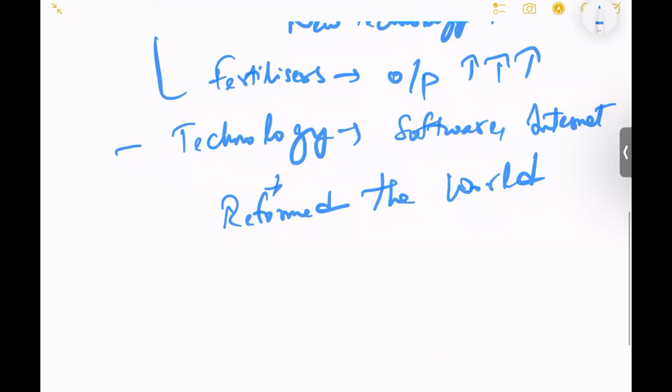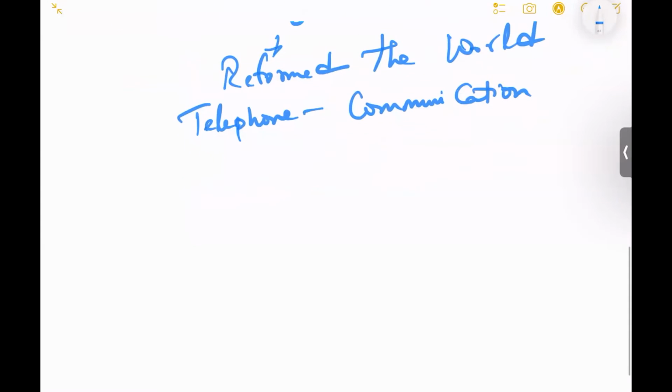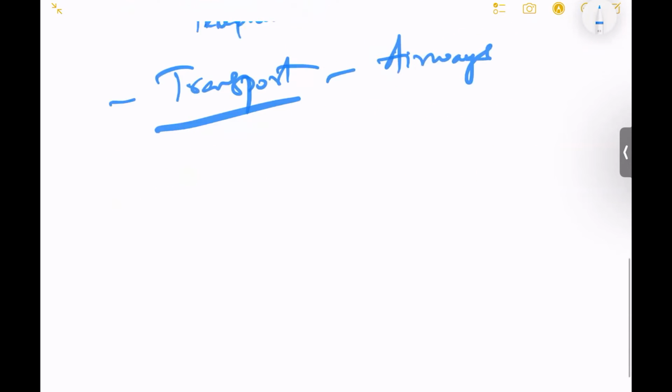Okay, and also in technology you can write the telephone or communication, transport, airways, and then supercomputers.